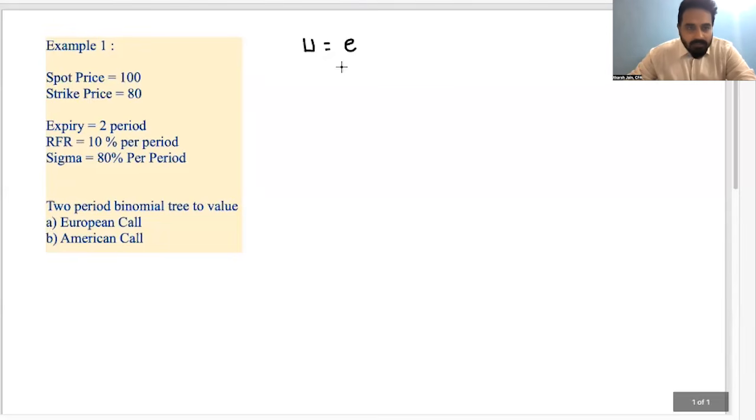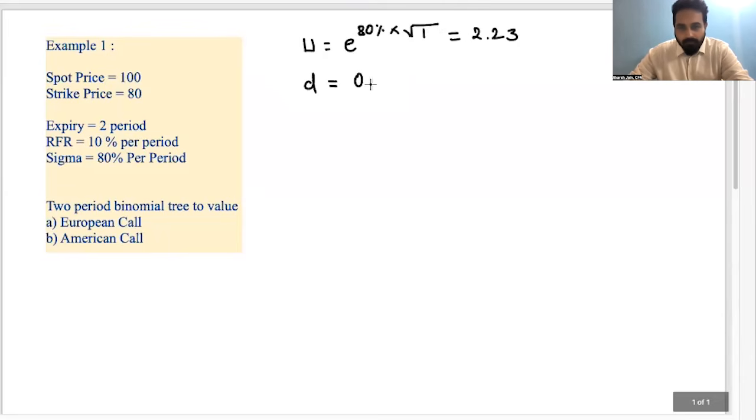U is equal to e raised to 80 percent into the square root of 1. That'll be more than 2, right? e raised to 0.8 is 2.22, 2.23. D is the inverse of 2.23, which is 0.44, okay, 0.45. Fair enough.